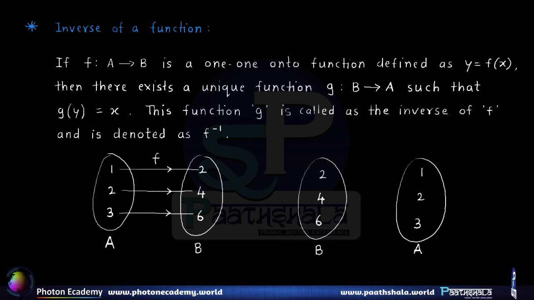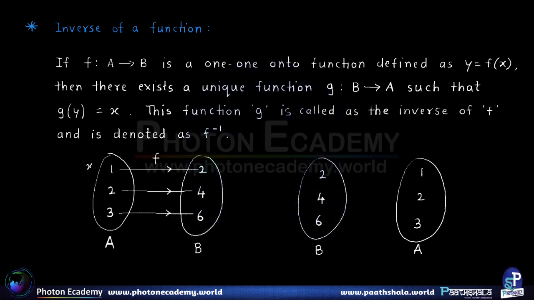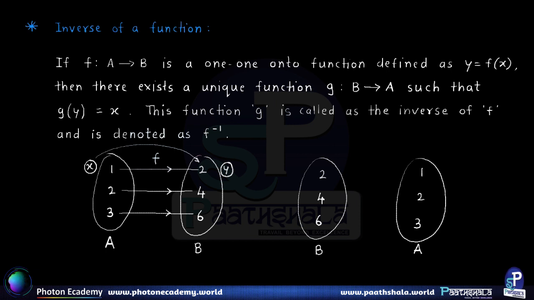So what it means is, if we denote x as some element in the first set A with respect to function f, then it gets mapped to some element denoted by y, isn't it? Therefore we call y equal to f of x.